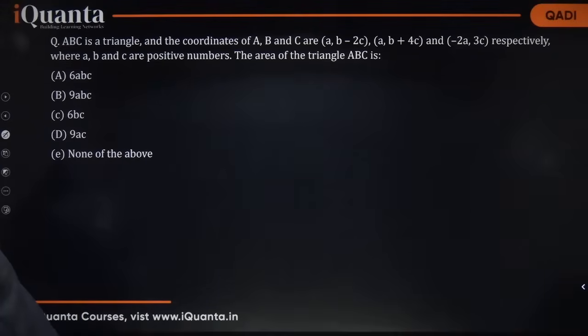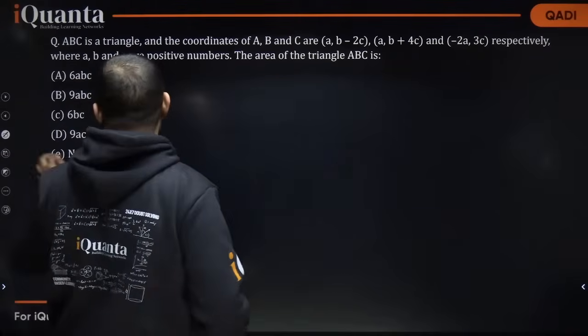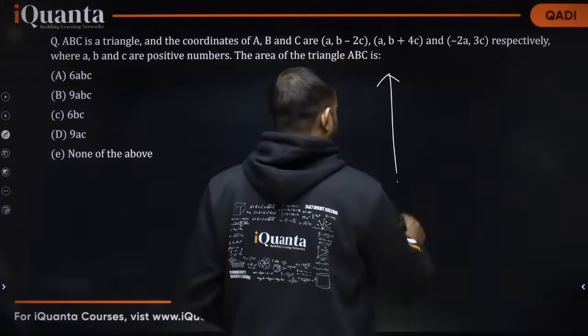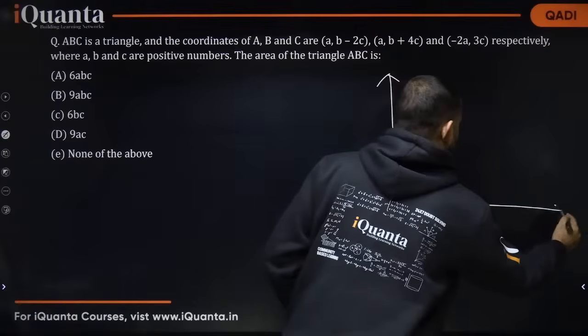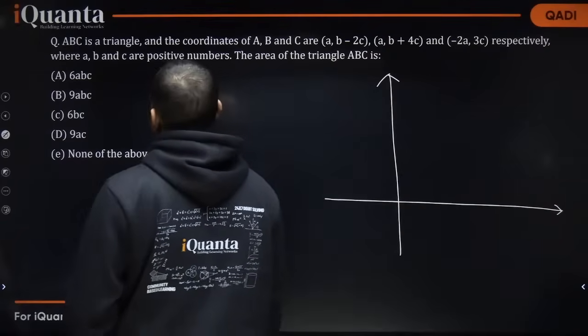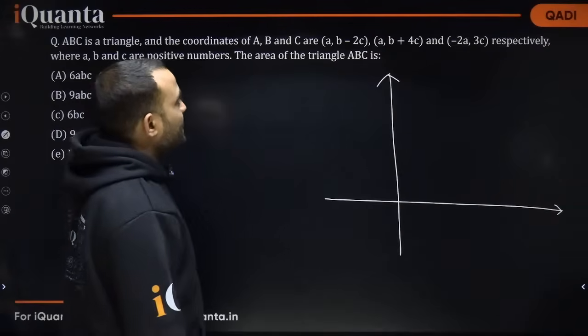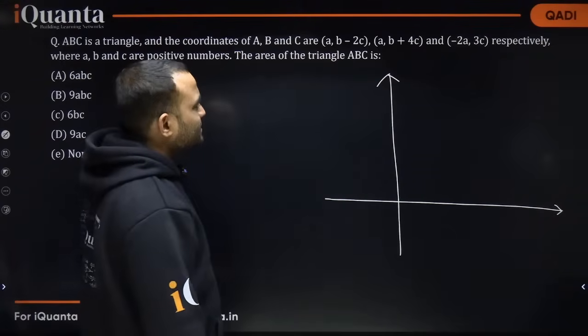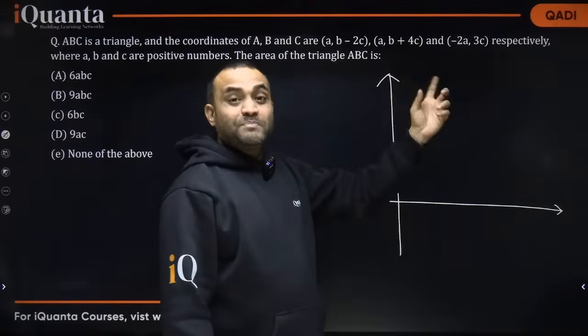This is an XAT 2023 question. All of you who have seen this question before would have solved this easily. Otherwise, it's a challenging question. So, situation is like this. ABC is a triangle and the coordinates of ABC are, see, this point is (A, B minus 2C). This point is (A, B plus 4C).